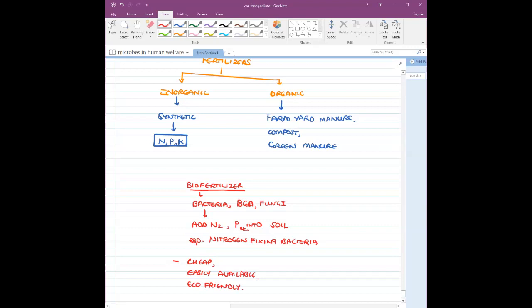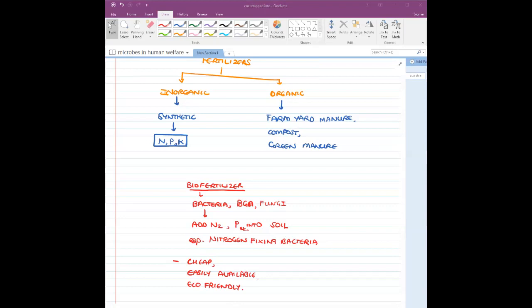Okay, so this is what it is going to be. But now, guys, we have to talk about what types of biofertilizers there are. Basically, biofertilizers can be of three different types. Either they can be nitrogen fixing, or phosphate solubilizing, or compost making.